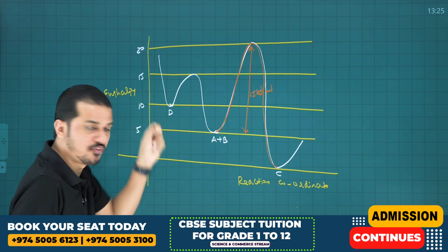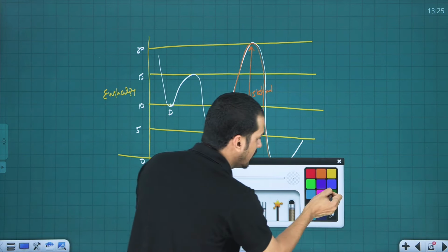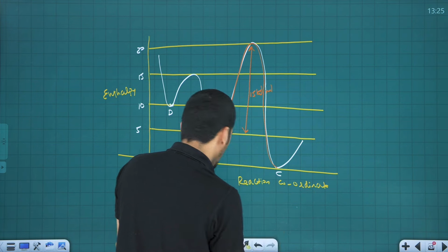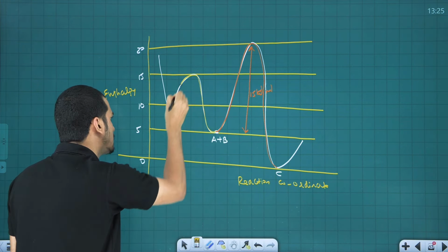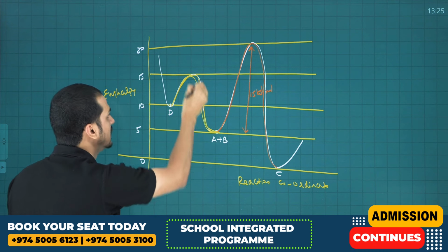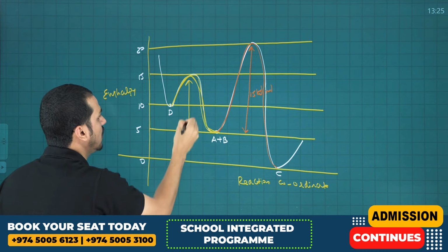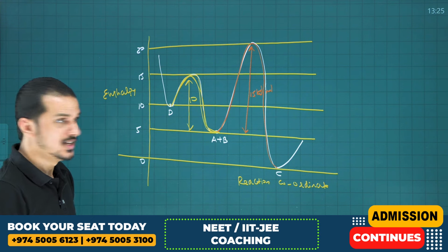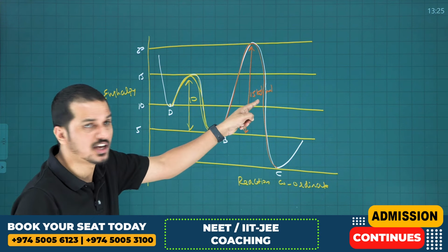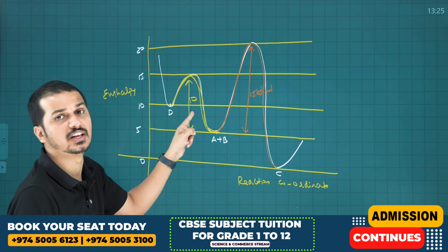What about D formation? From A plus B itself, D is forming. For that, from here to here, only 10 is required. So for C formation, 5 kilojoule more than that of D is required.